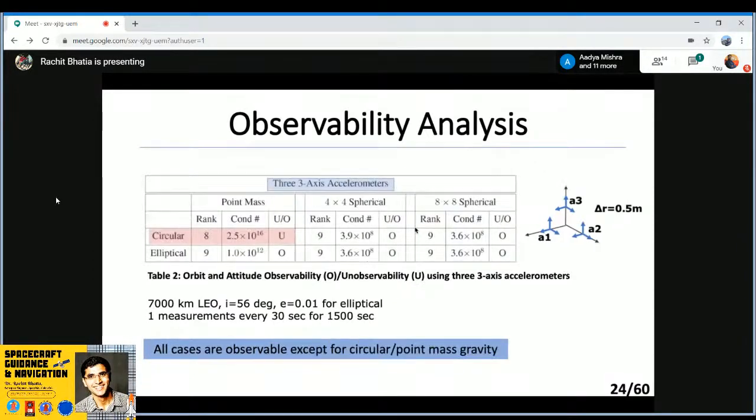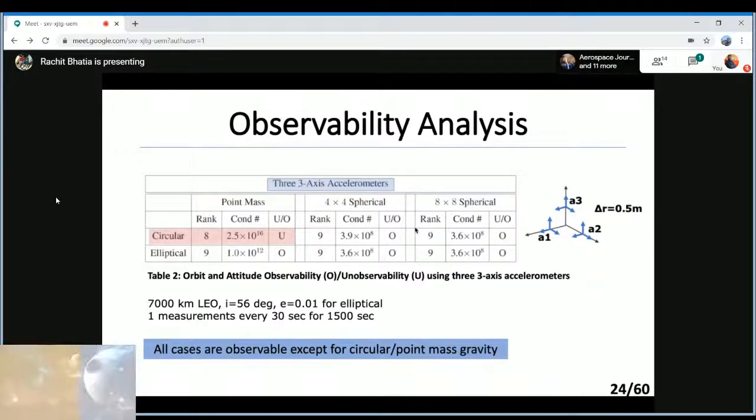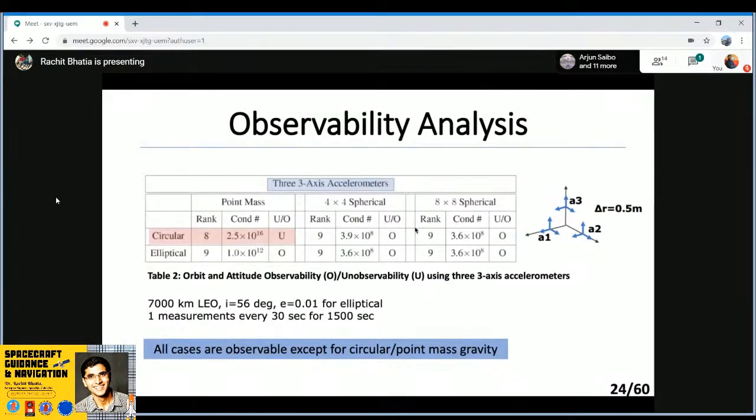Now, if I repeat this for the attitude or the orientation as well. So now I not only want to estimate the position, velocity, I also want to estimate the orientation. Then I realized that for point mass and circular orbit, I cannot observe because the rank is 8 instead of 9. 9 here means 3 components of position, 3 components of velocity, and 3 components of attitude, orientation.